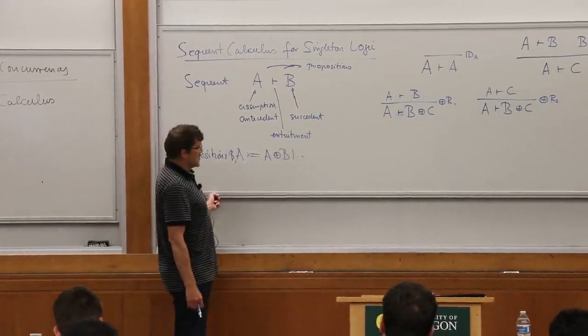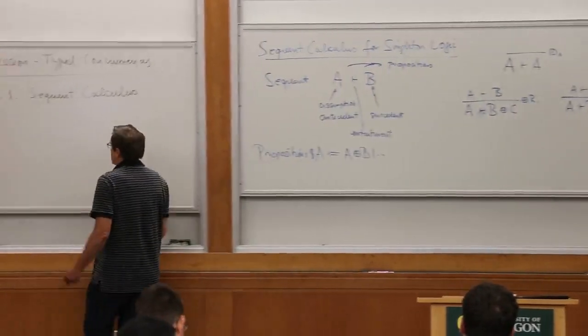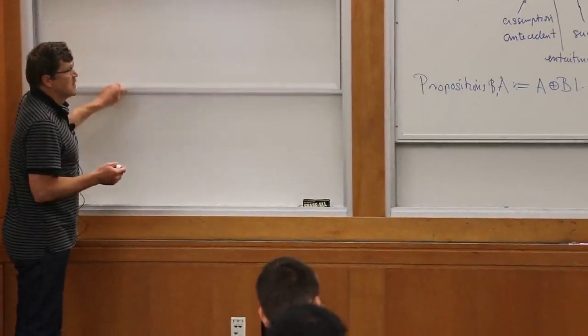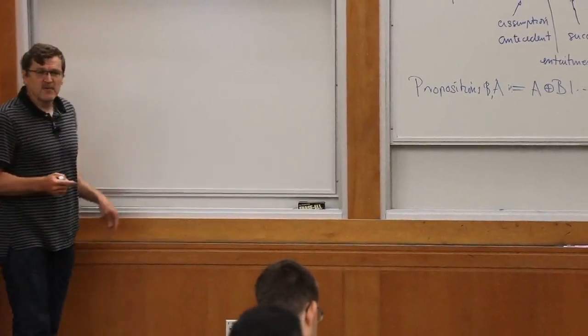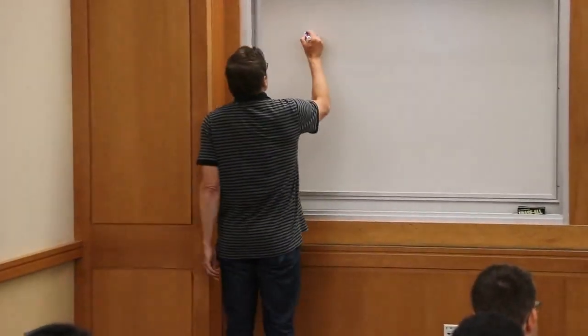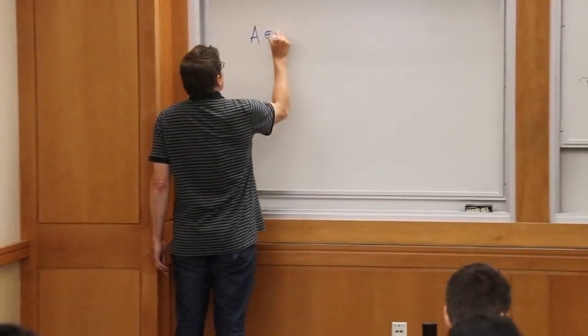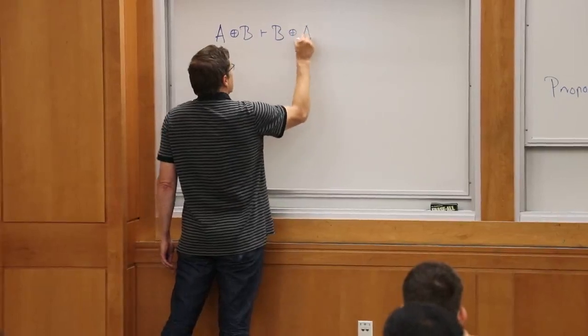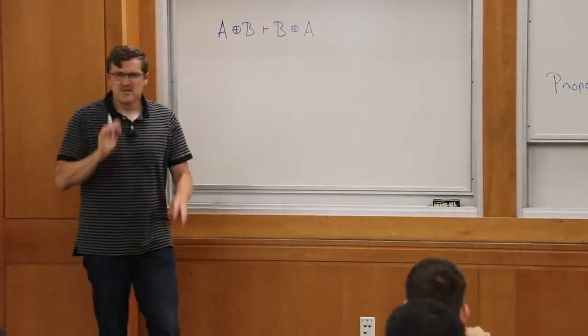And then we would like to think about some properties of plus. Let me put some over here. So for example, we want plus or disjunction to be commutative, right? We want, for example, that A or B proves B or A, because the order of the choices shouldn't matter.